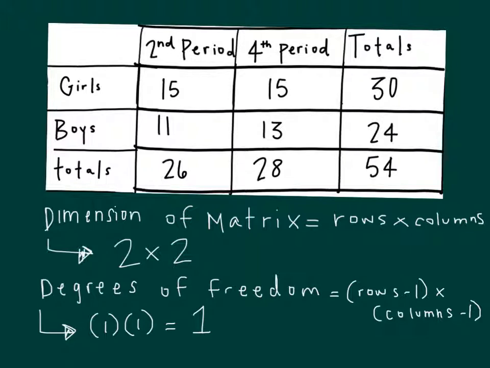In order to find the degrees of freedom, we have to multiply the number of rows minus 1 multiplied by the columns minus 1. So in this problem, it is 2 minus 1 times 2 minus 1, equating to 1 times 1, which will result in the degrees of freedom being 1.